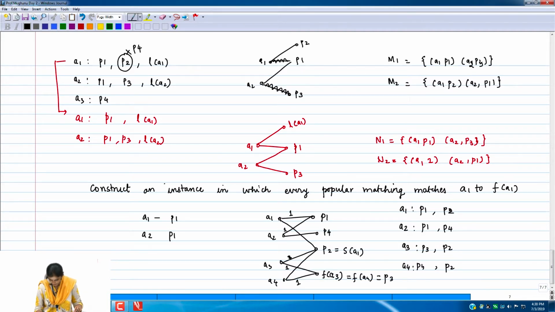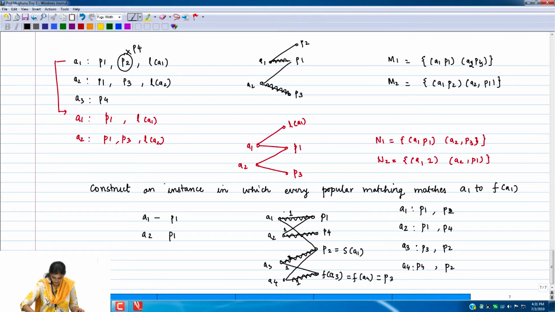So I can in particular match A1 P1, A2 P4, A3 P2 and A4 whatever P3, right. If I do this, this satisfies whatever conditions I had, because I have set up the preferences like this. But I should also ask, is there a possibility that I can match A1 to P2? A1 also has another edge incident on it.